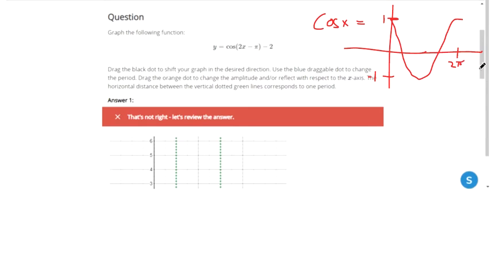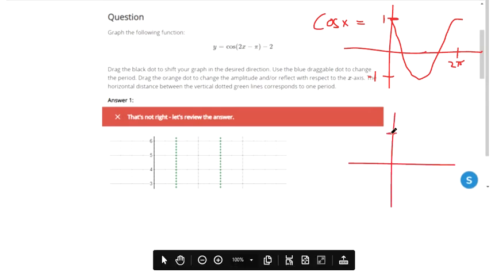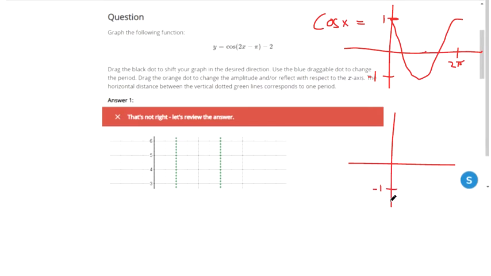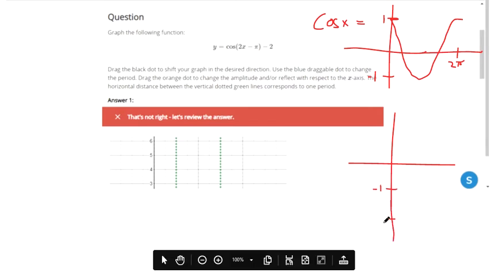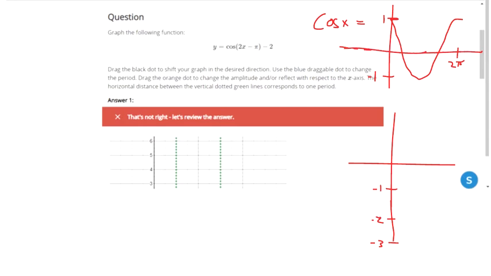Now we can do some manipulation. If you do cosine of x minus 2, that drops it down. Instead of starting at 1 at the very top, it goes down 2 units. So -1 is now the top, because the midline has been reduced by 2. Usually the midline is right across here on the x-axis at y equals 0.